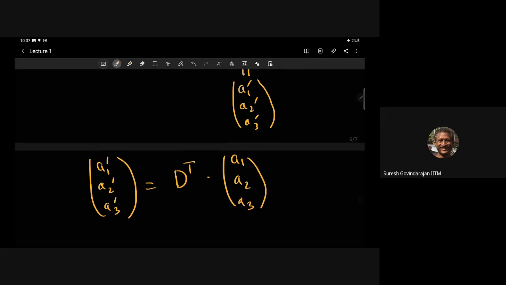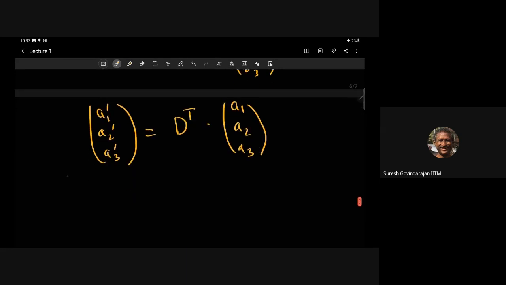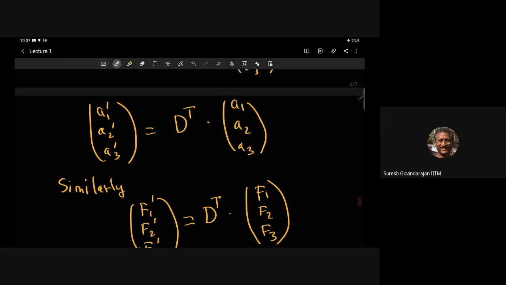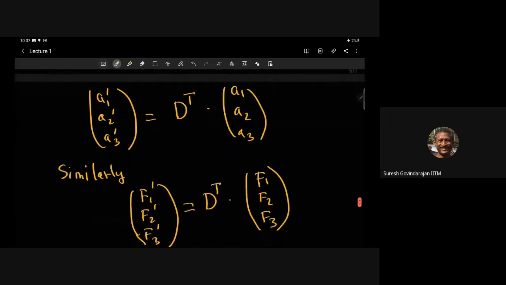You can do the same thing similarly for F1 prime, F2 prime, F3 prime. There's nothing special about acceleration. I can repeat it, and I get these things.